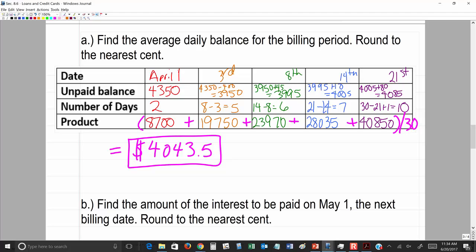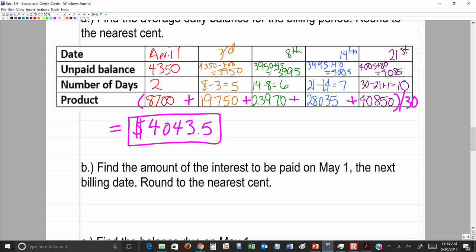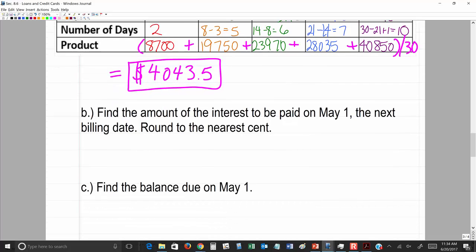So then, Part B says find the amount of interest to be paid on May 1st, the next billing date, and round to the nearest cent. So it told us earlier that the monthly interest rate was 2.4%. So we're just going to find 2.4% of that average daily balance.